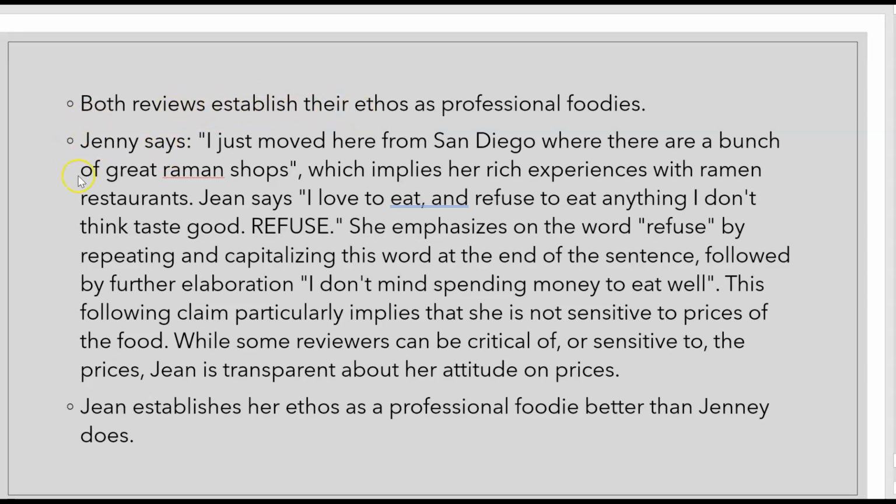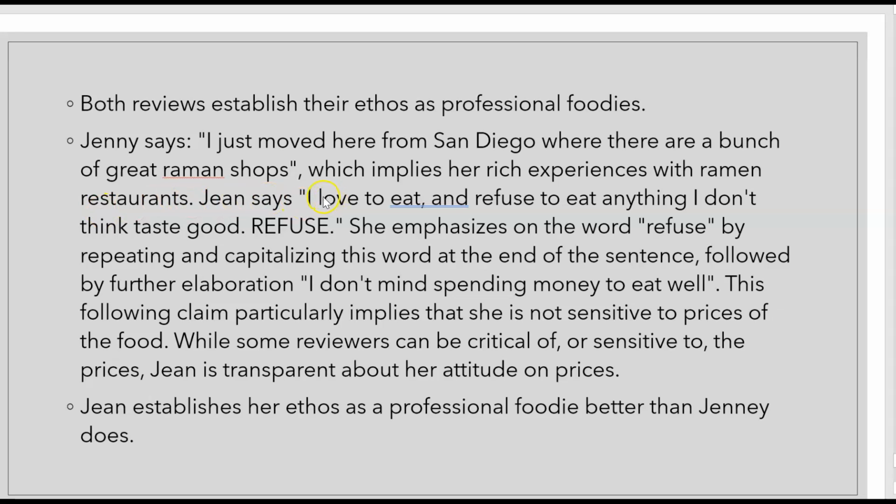Jenny says, so that's the one on the left, "I just moved here from San Diego, where there are a bunch of great ramen shops." So I say a direct quote, and then followed by explanation or an analysis, which implies her rich experiences with ramen restaurants. I would say this is more like analysis.